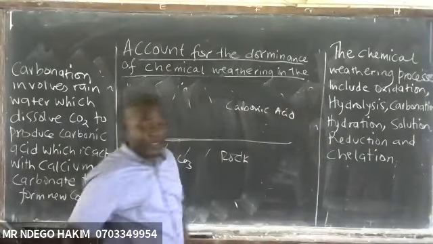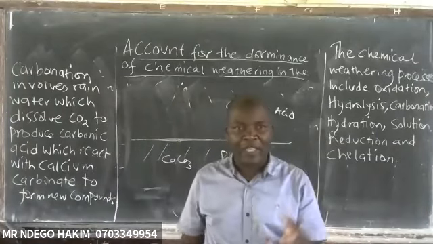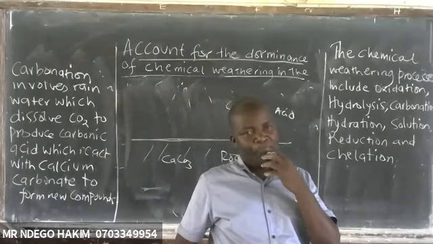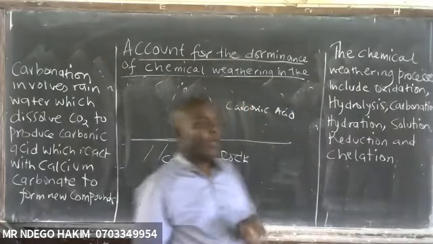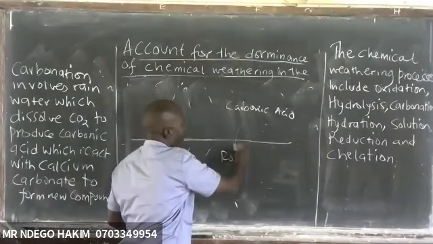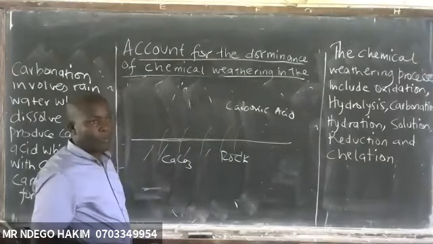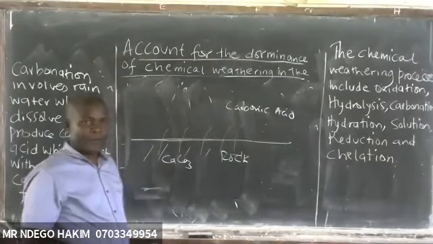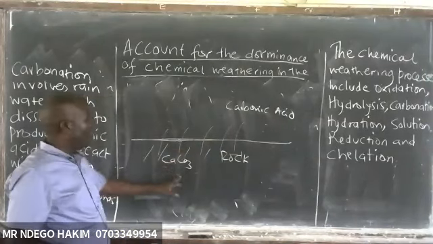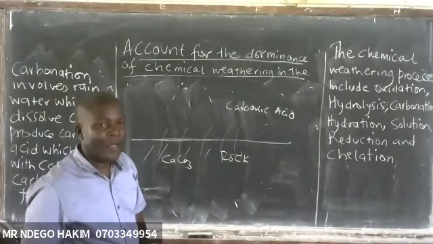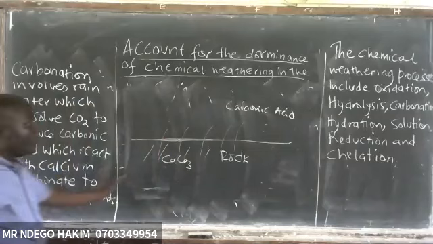Those who do chemistry know this better, that when water combines with carbon dioxide in the atmosphere, it forms a weak carbonic acid. And that weak carbonic acid will get into contact with a rock containing calcium carbonate. So this is the carbonic acid which is dissolving calcium carbonate in the limestone rock, to form new compounds.